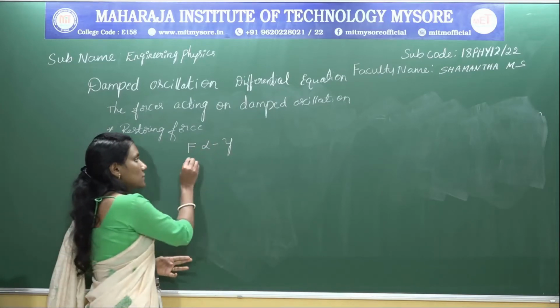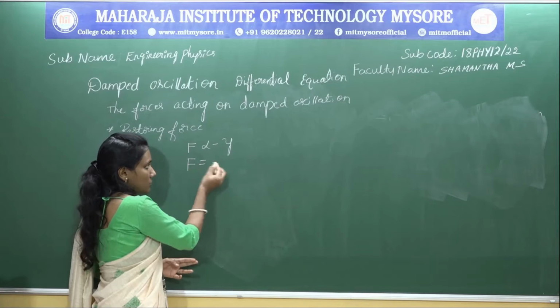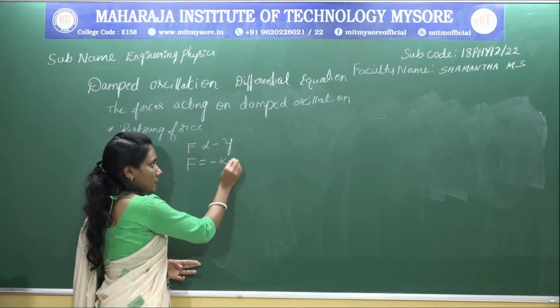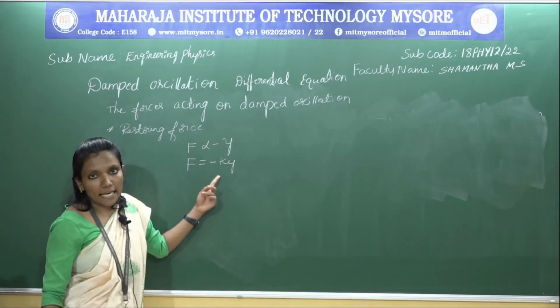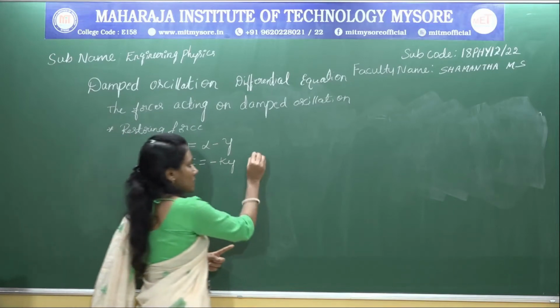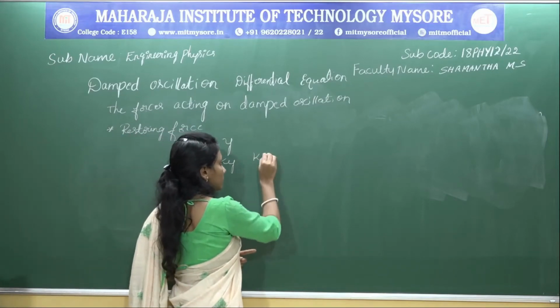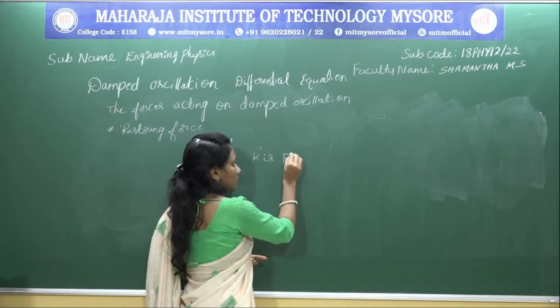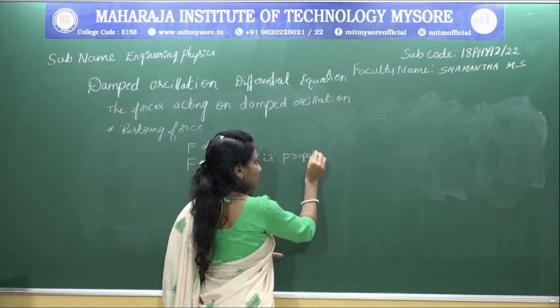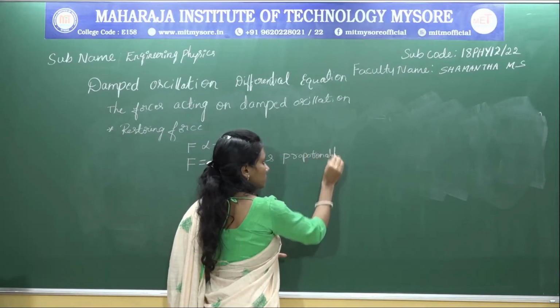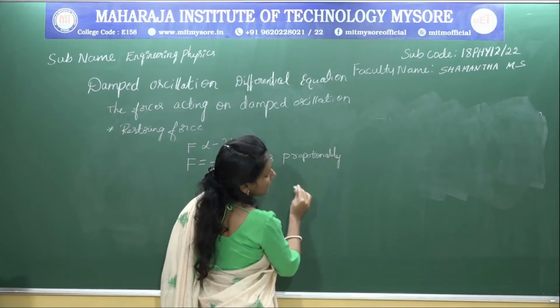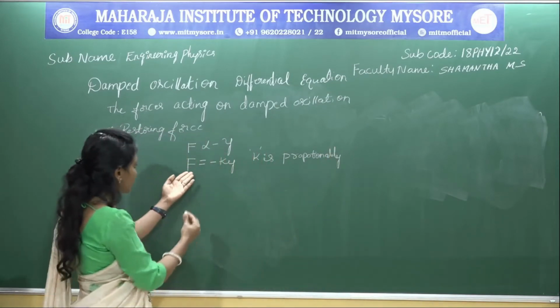When we remove the proportionality constant, we represent it as minus ky, where k is the proportionality constant.